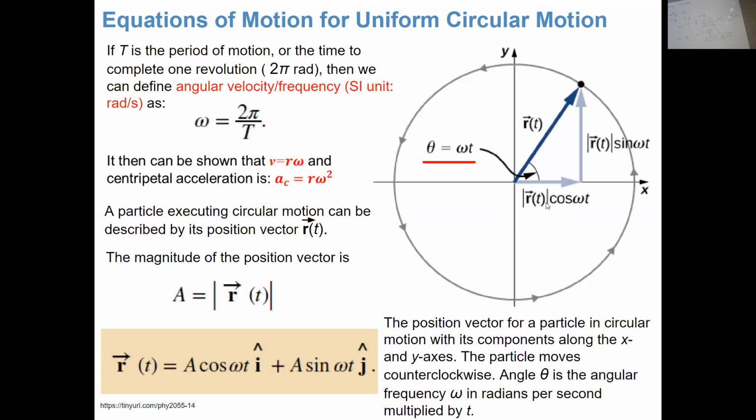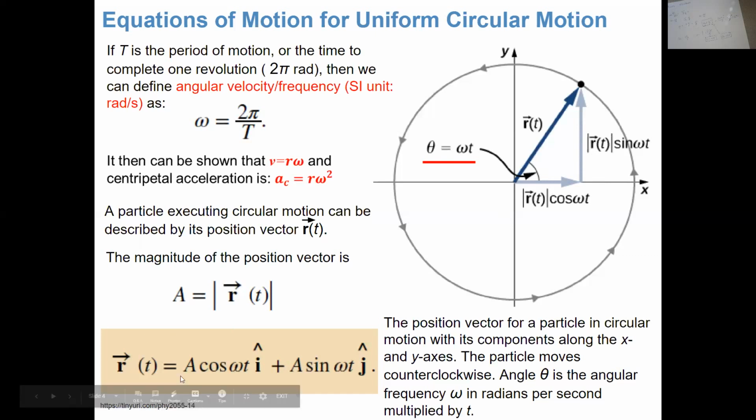So the magnitude times cosine of the angle gives you the x component, and the magnitude times sine of the angle gives the y component. Omega times t will be the angle, because if you take this as 0, then omega times t is how much angle it forms with the positive x axis.